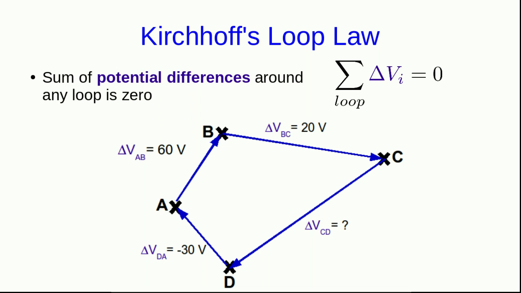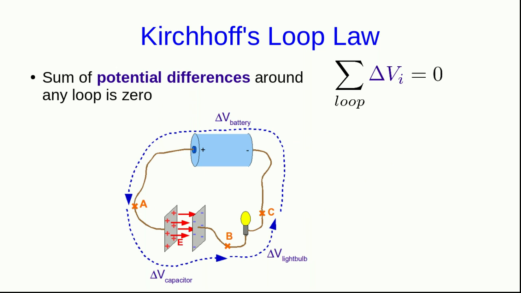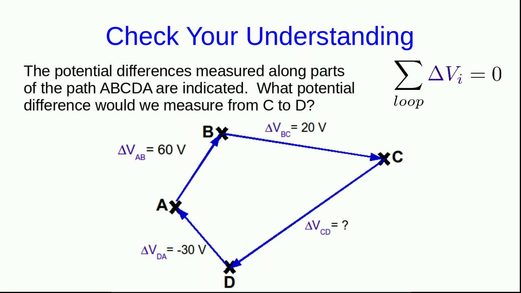And although I've been drawing it for seemingly empty space with E fields in it, where this law actually comes into its own is in circuit analysis, where it turns out to be very useful for finding potential differences across devices within a circuit. Here's a simple question to check whether you're understanding the loop law.